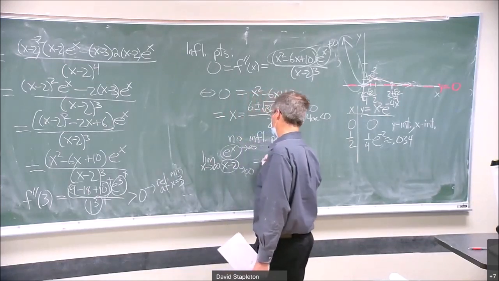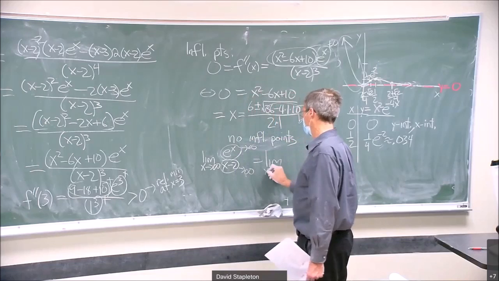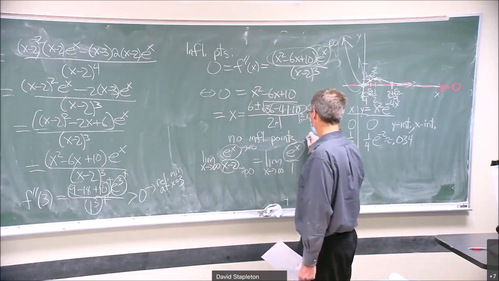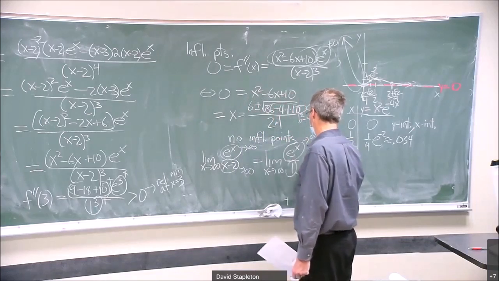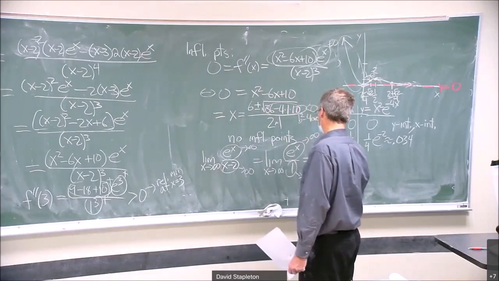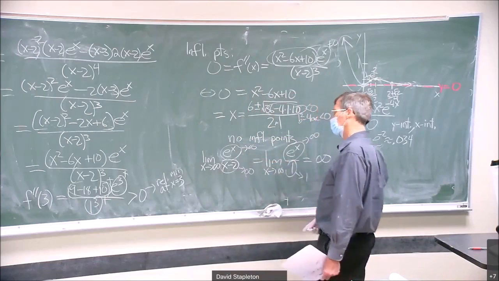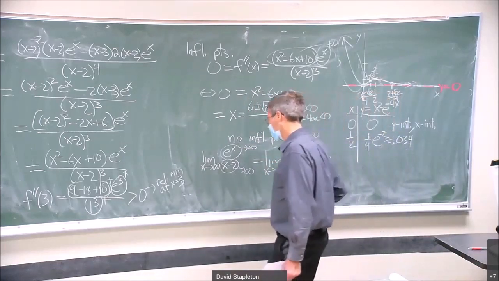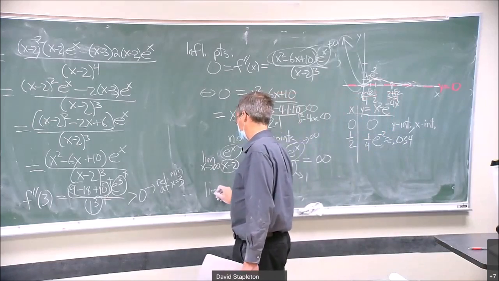But L'Hopital's rule says you can take the derivative of the top over the derivative of the bottom, e to the x over 1. Now the top's going to infinity, the bottom's going to 1. It follows that the limit is infinity for this one, so the limit for this one is infinity. It goes up to the right, up on the right. No asymptote, but there's still an end behavior that's useful.